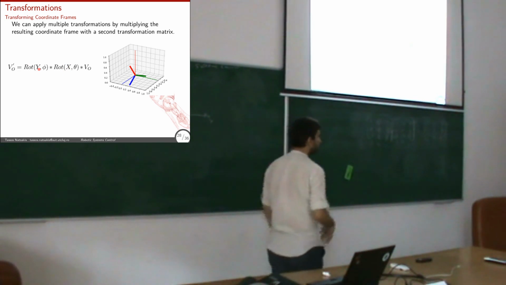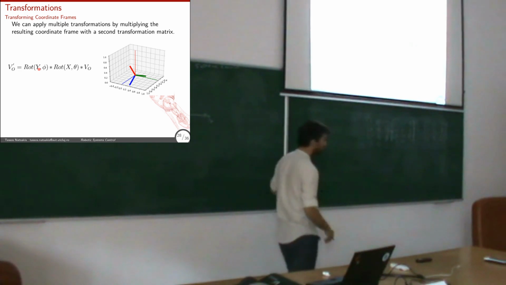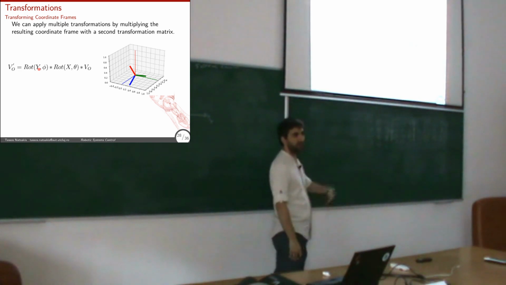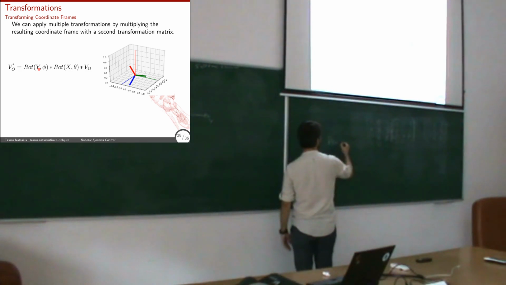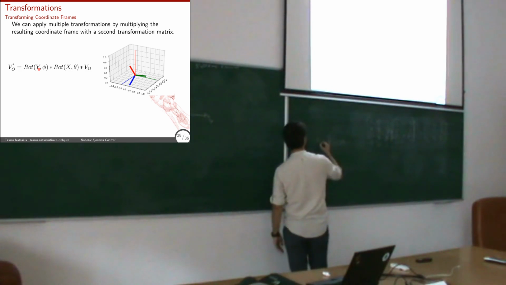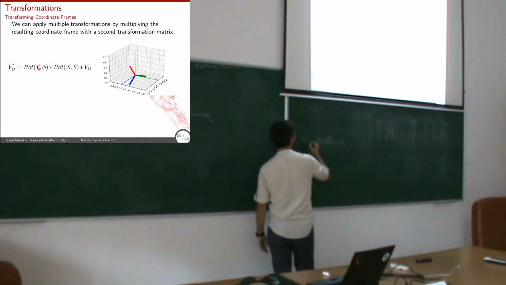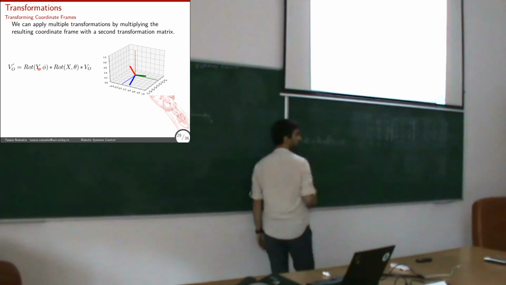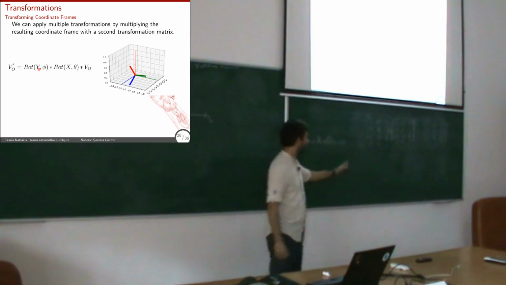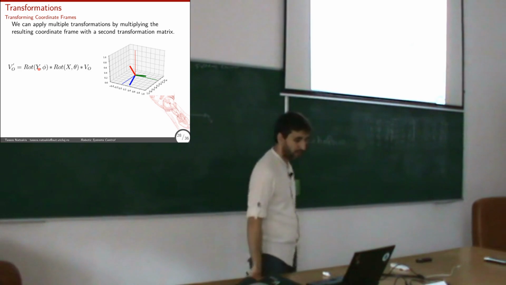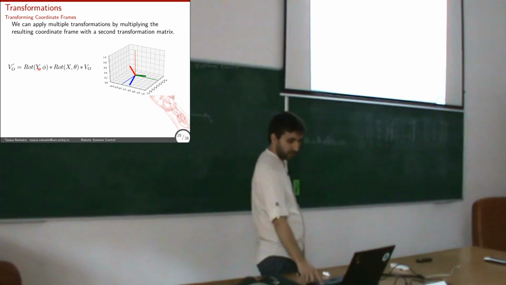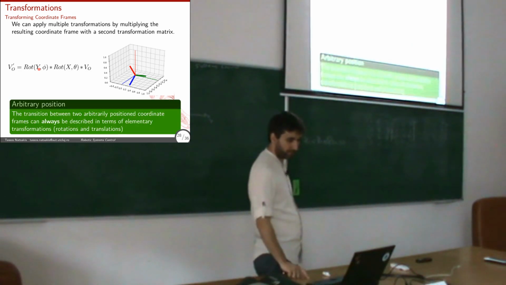So if I tell you first rotate around z, and then around y, and then around x, you should do like: first I rotate around x by theta, then I rotate around y by phi, then I rotate around z by, I don't know, omega. Okay? First, second, third. Clear? Good.